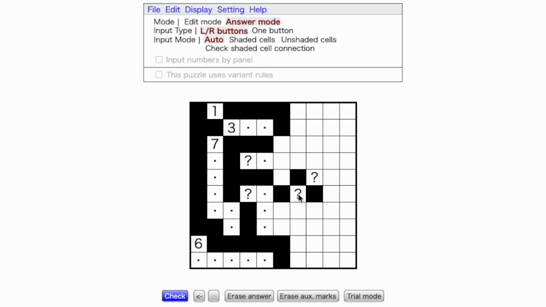If this is larger than 1, then it will have to come down here. And that's going to give us a wall here. And it will maximize the size of this at 5. So I can just give it a 5.